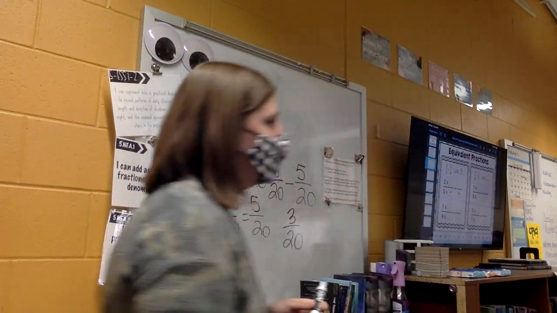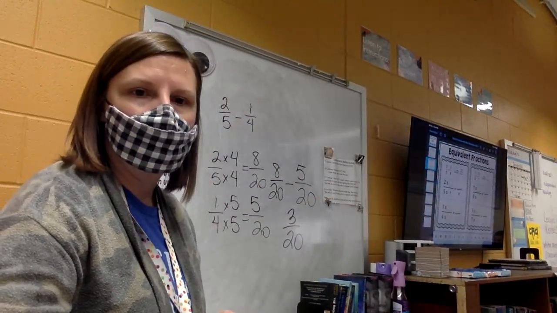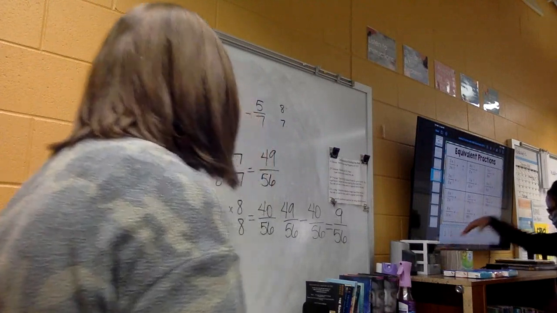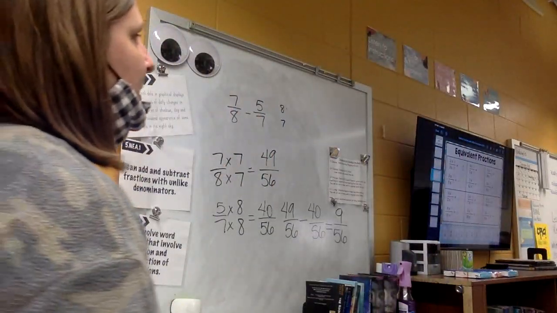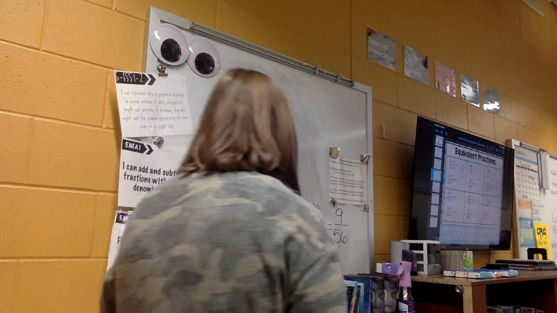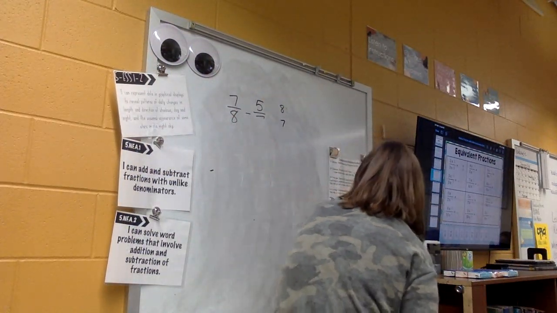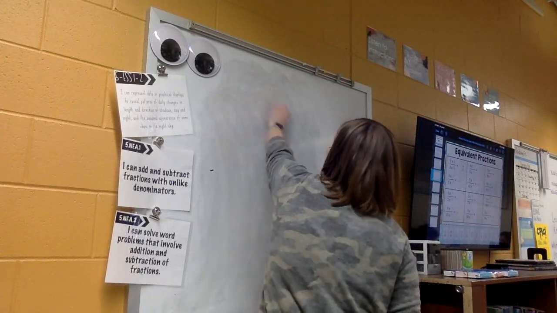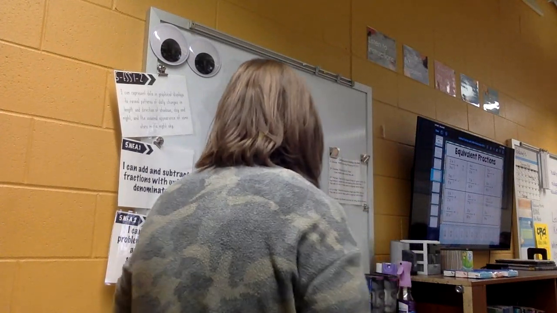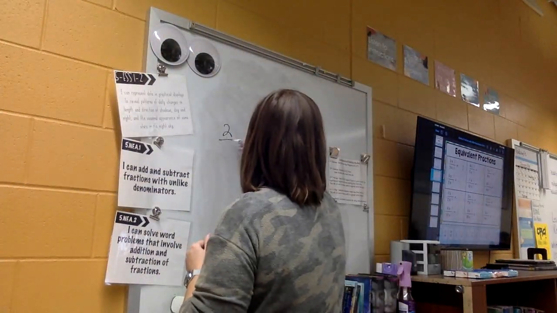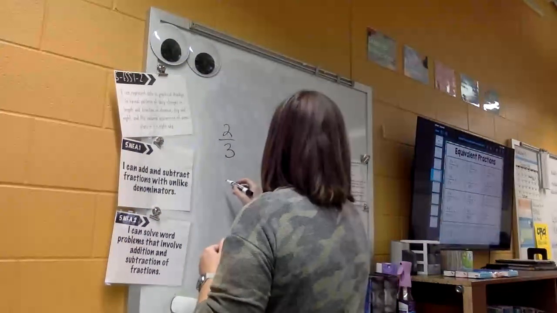I want you to do the next one. You have 7/8 minus 5/7. Let's look at this one. Again, it's equivalent fractions. Okay. Which is finding our least common denominator. Okay. So, the first one, we have 2/3 and 3/5.